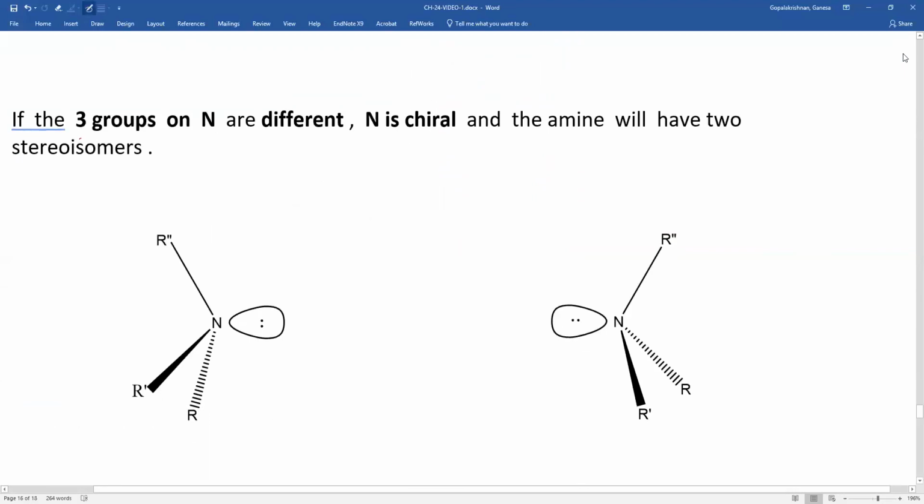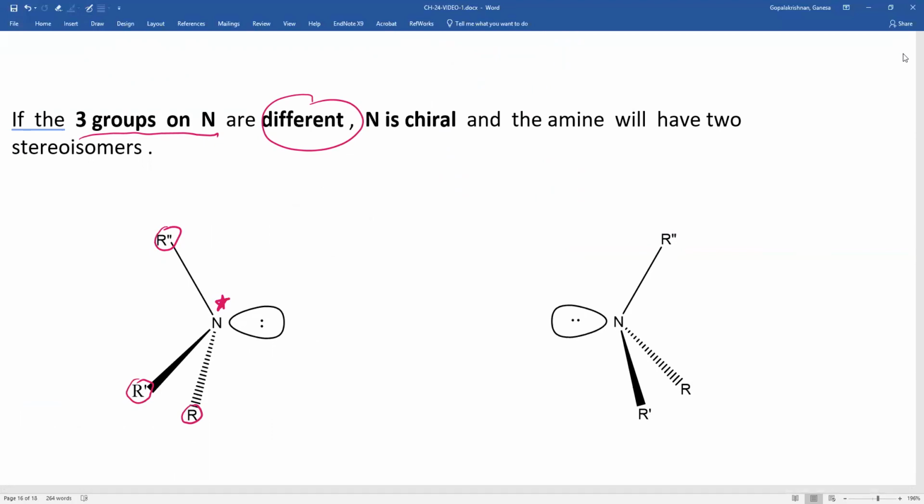If the 3 groups on the nitrogen are different, for example, look at this amine. I have an R group, R prime, R double prime. They are all different. If you consider the lone pair as a group, this is a chiral nitrogen. If the 3 groups on the nitrogen in an amine are different, nitrogen is chiral.